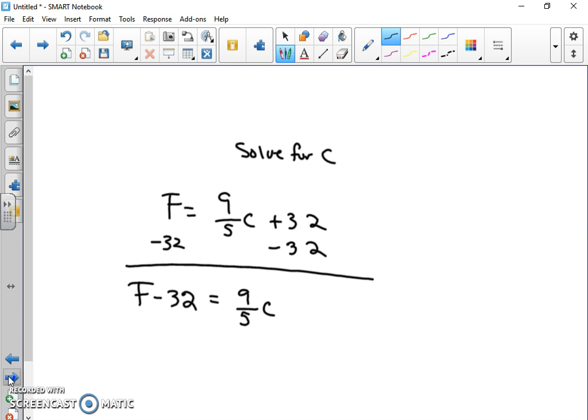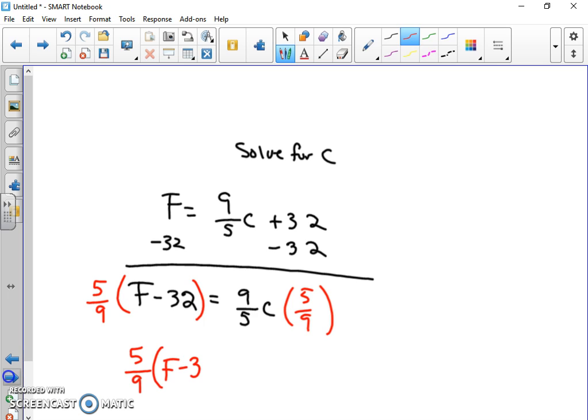And I want to solve for c, so let's multiply by the reciprocal to get rid of this fraction. So 5/9. This whole thing gets multiplied by 5/9. So we're going to say 5 over 9. And if you don't have these parentheses here, then your answer is wrong. Equals C.